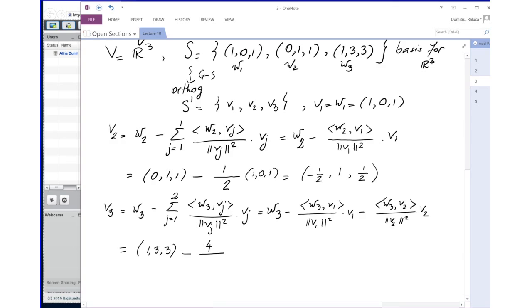The norm of V1 squared we computed already, it was 2, and times V1, (1, 0, 1). Now V2 was this one here that we computed above. So we need the inner product between W3 and V2.